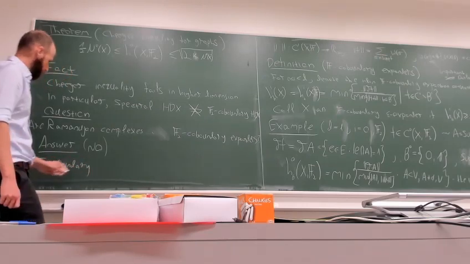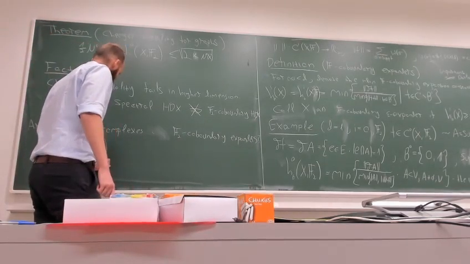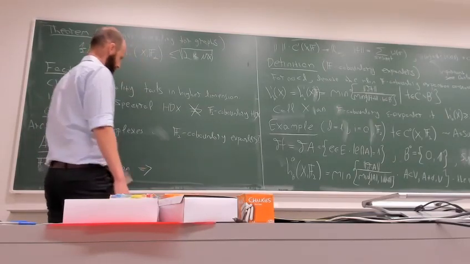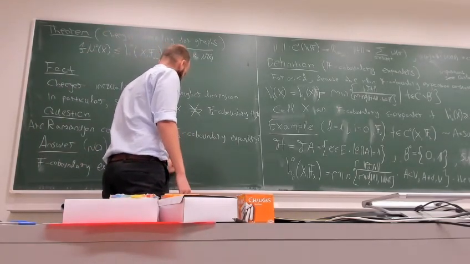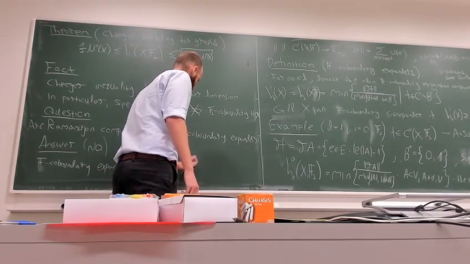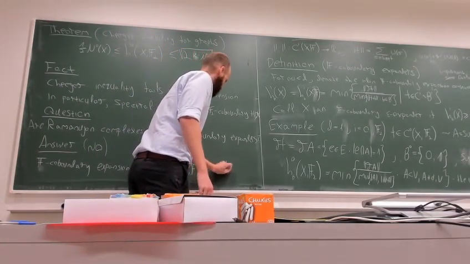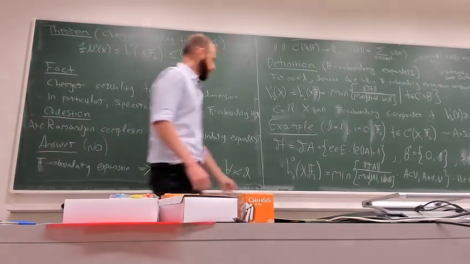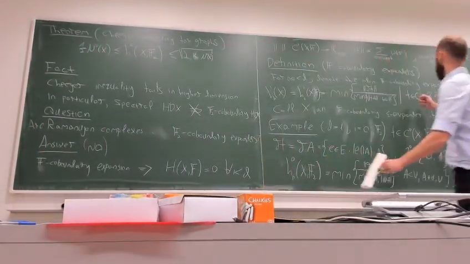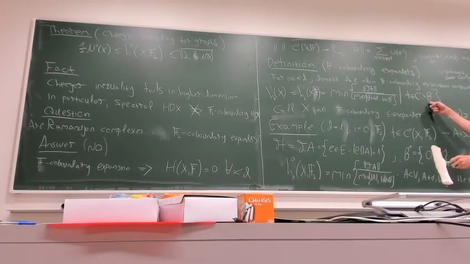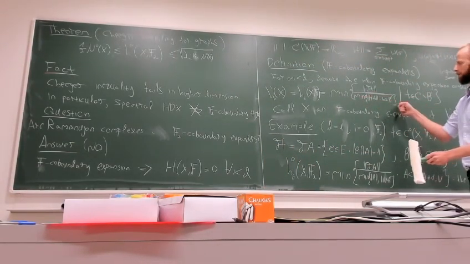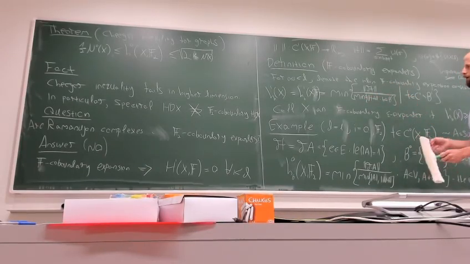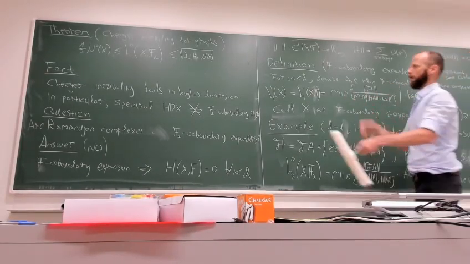F coboundary expansion in particular implies vanishing of cohomology with F coefficients. This is easy to see: if you have something in Z^i which is not in B^i, this will be something positive, and here you have 0. So the coboundary will vanish.